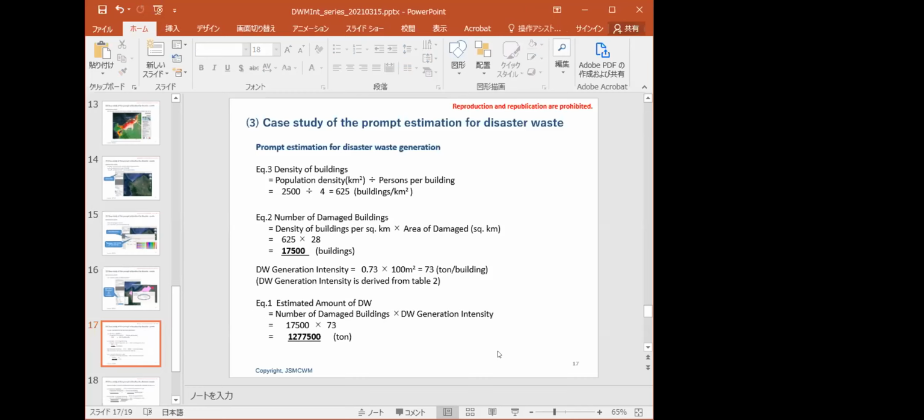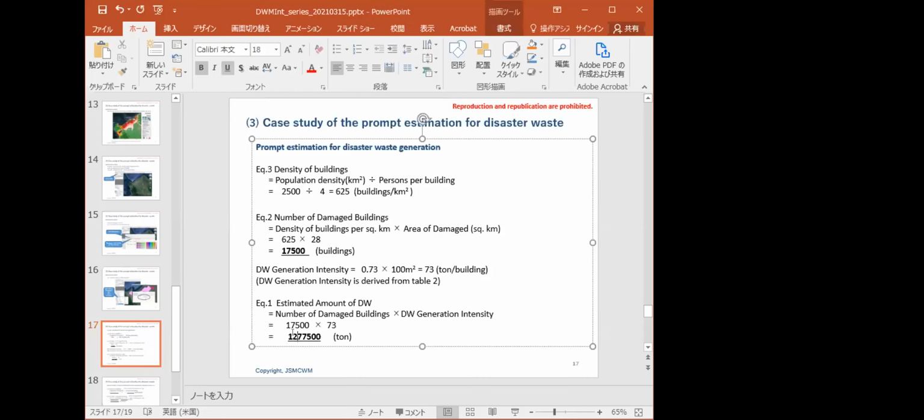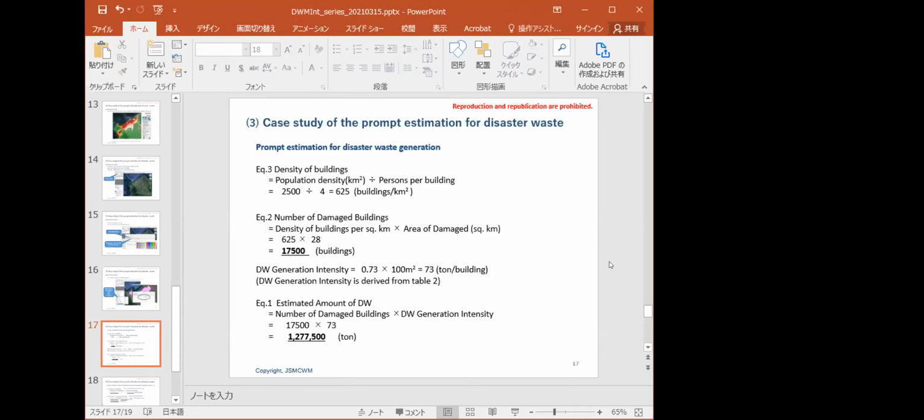Like this. 1.2 million tons, maybe. So now I just tried the calculation by using the calculator.